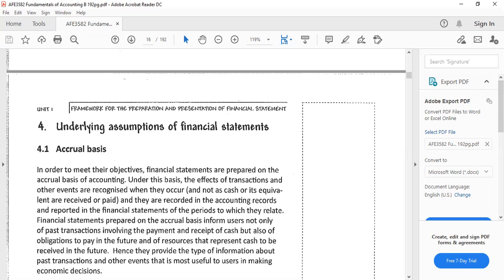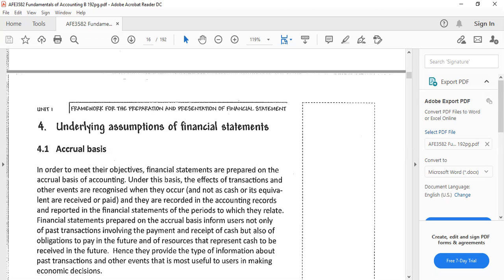Meaning that if in the exam you are asked the meaning of accrual basis, you say that transactions or events are recognized when they occur and not when cash is received or paid.